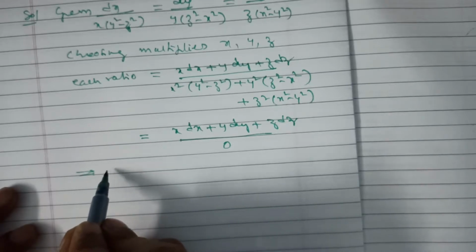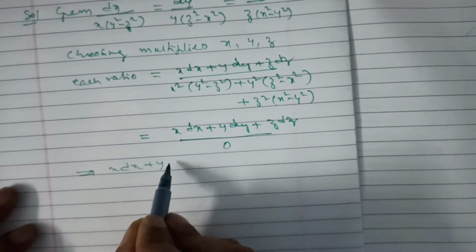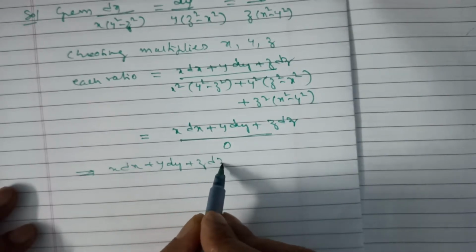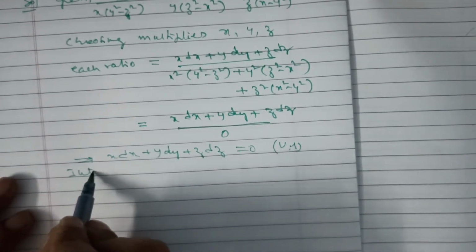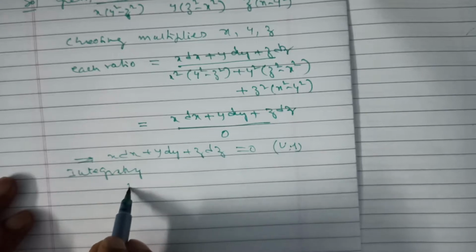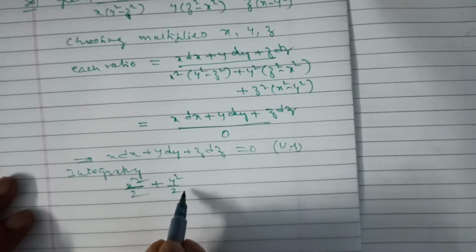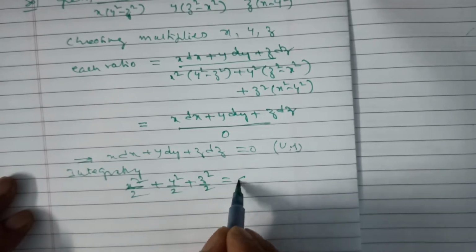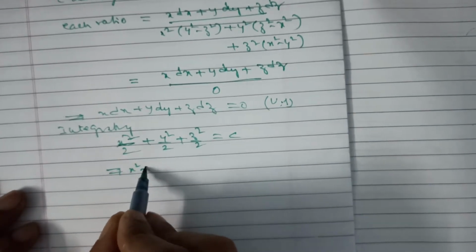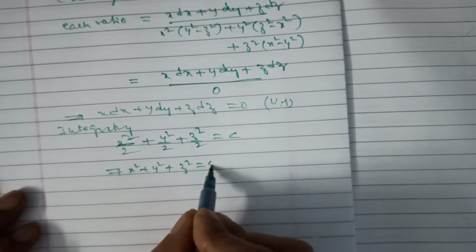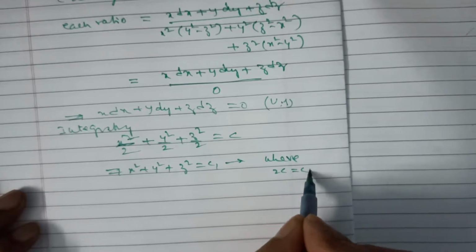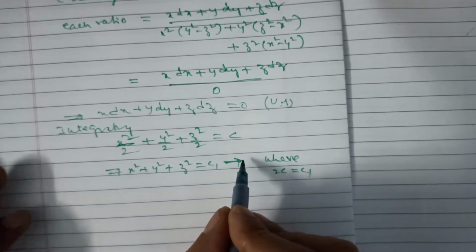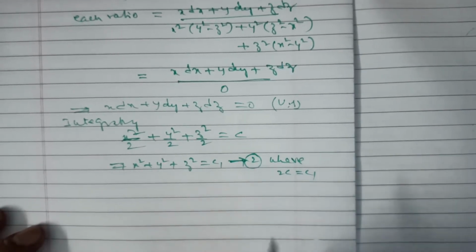Cross multiplication gives x dx plus y dy plus z dz equal to 0, which is of variable separable form. Integrating, x square by 2 plus y square by 2 plus z square by 2 is equal to c, or otherwise x square plus y square plus z square is equal to c1, where 2c is equal to c1. Take this as equation 2.